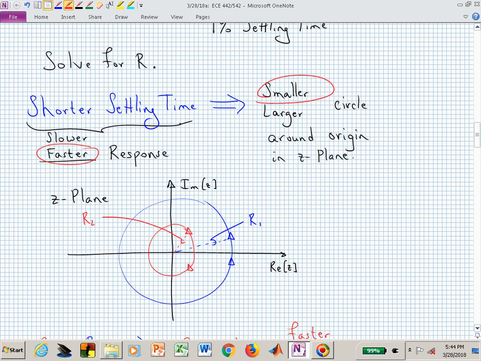And here is a picture for that. R1 and R sub 2. For this to even make sense in a discussion about settling time, what can you tell me about capital R sub 1 as far as its value?